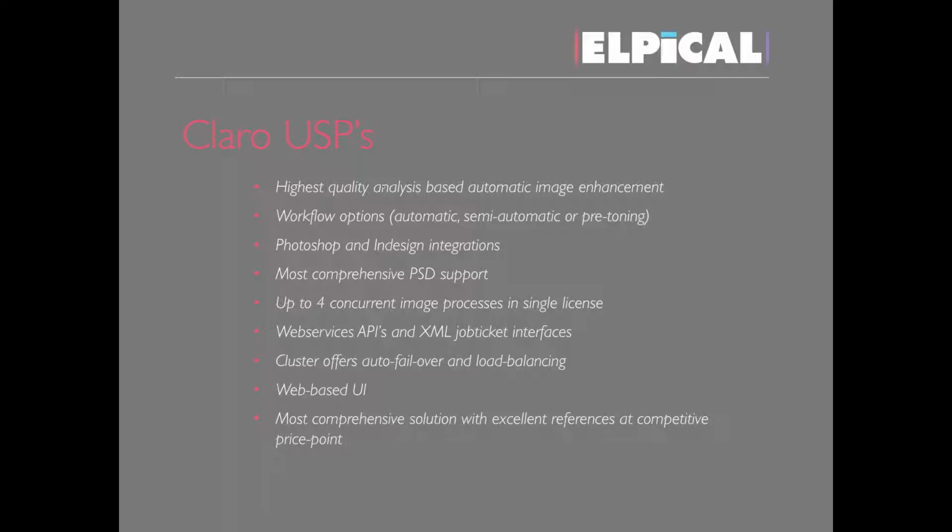So if you have either mission critical production or if you have high peaks in your production, you can install 2 licenses of Claro on 2 separate servers, appearing to the actual user as one instance.